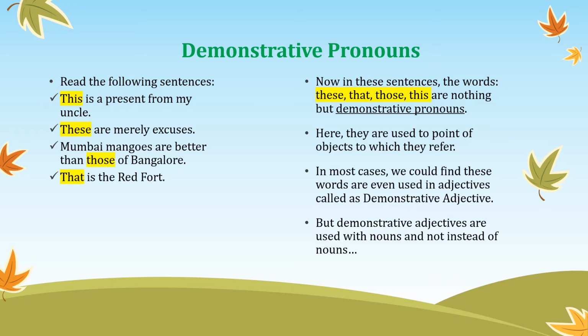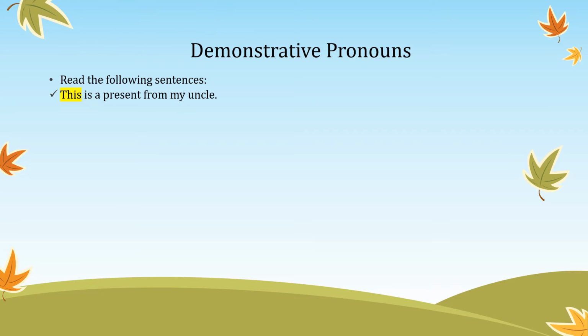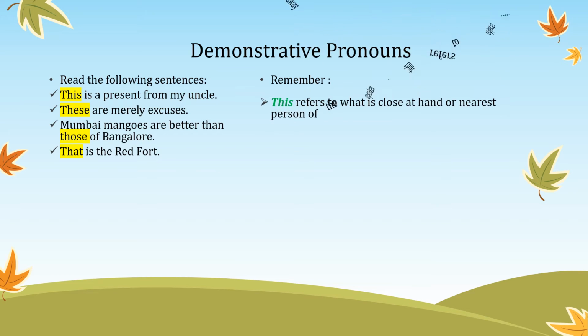Coming to the next part of the same topic, with some more explanation. With the same sentences, please remember that this refers to what is close at hand or nearest to the speaker.